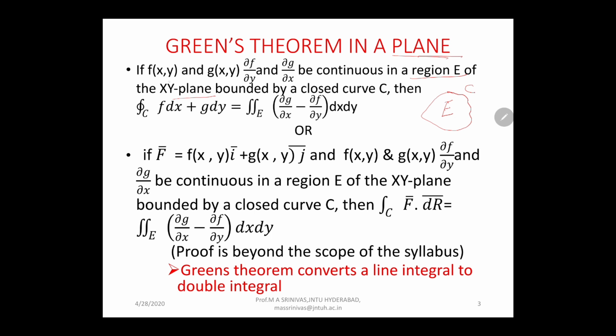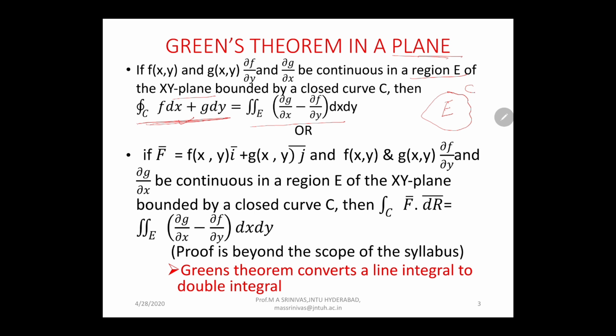If f, g, dou f by dou y, dou g by dou x are continuous in a region E of the xy plane bounded by a closed curve C, then the integral over C of f dx plus g dy, which is the line integral, is equal to the double integral over E of dou g by dou x minus dou f by dou y dx dy. This is the statement of Green's theorem.